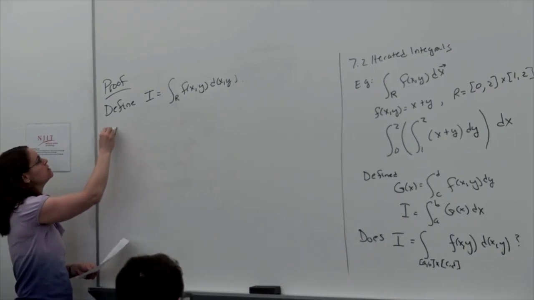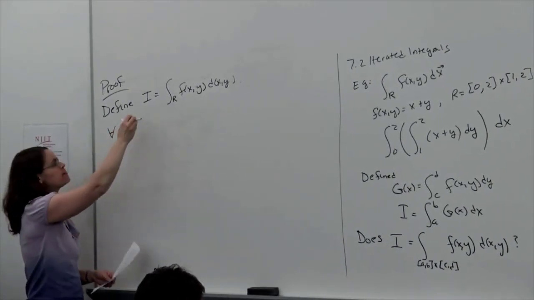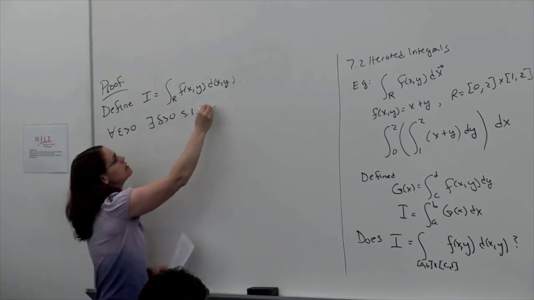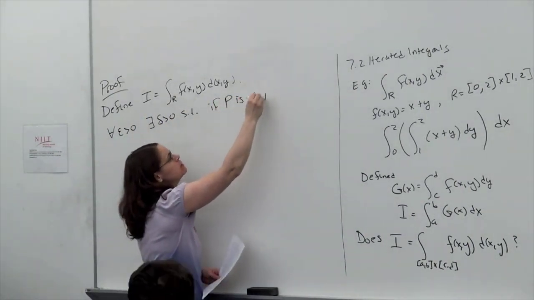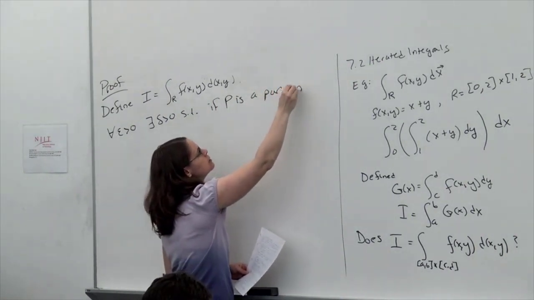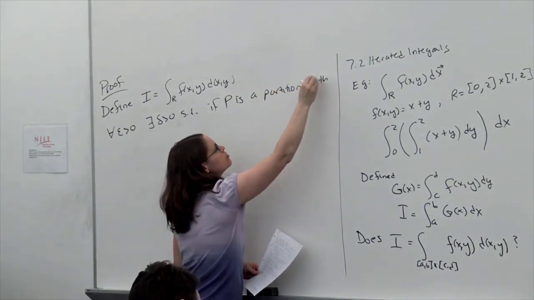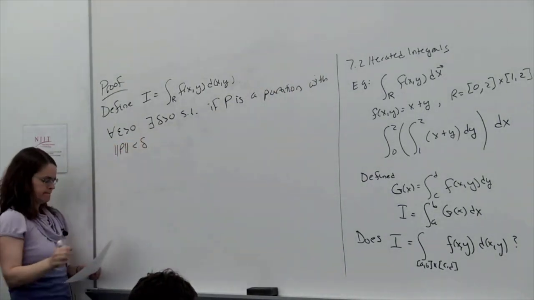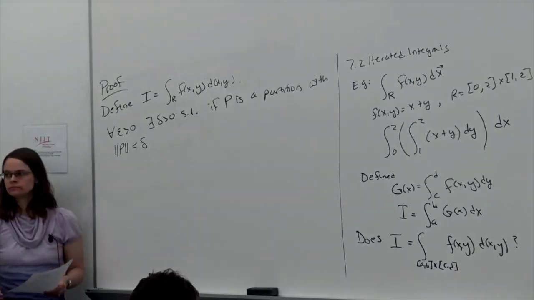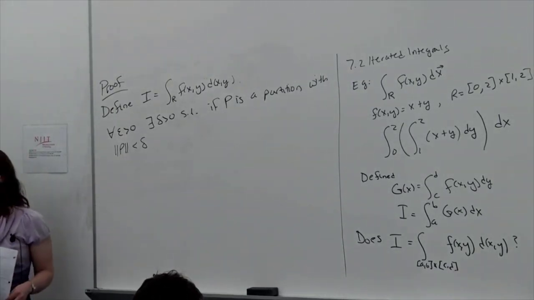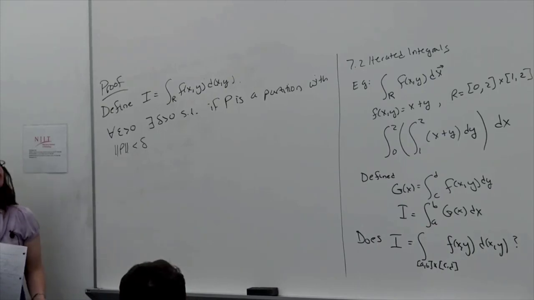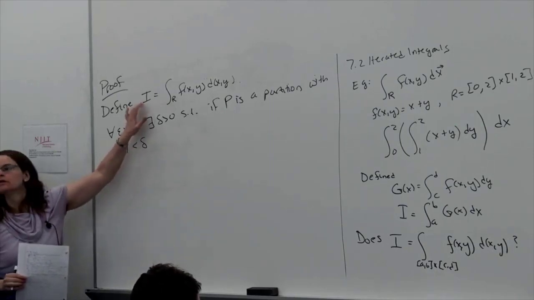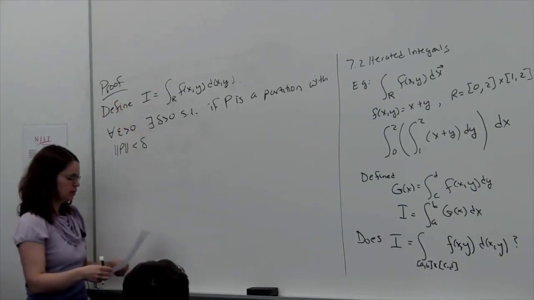So I know that for all epsilon greater than 0, there exists some delta greater than 0 such that if P is a partition with norm less than delta, then all of the Riemann sums, all of the upper sums and lower sums stay within a distance epsilon of this quantity I. Okay, so we'll write that.